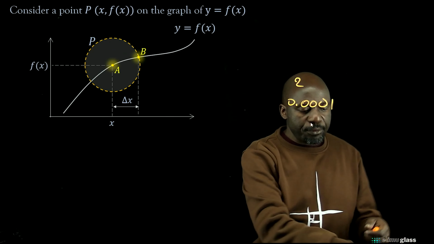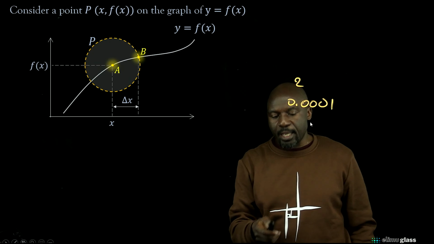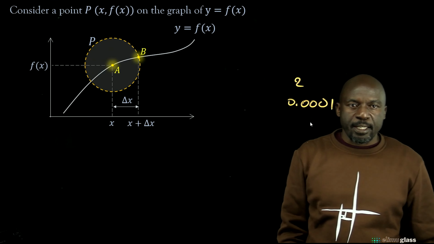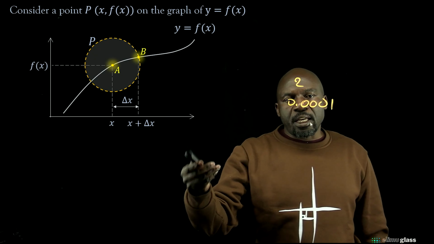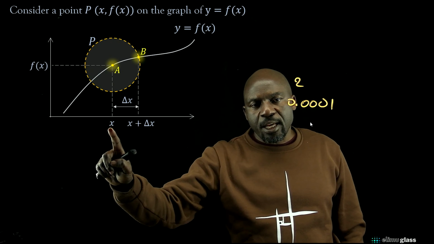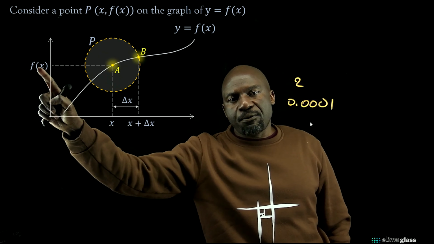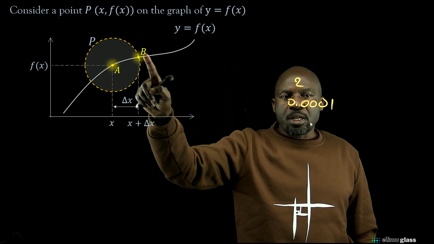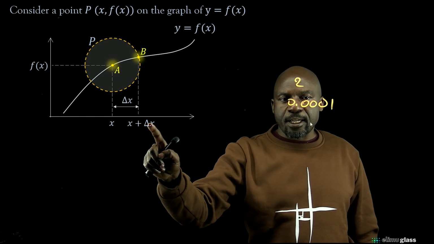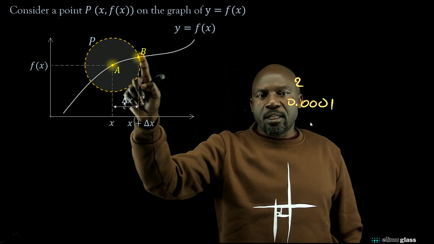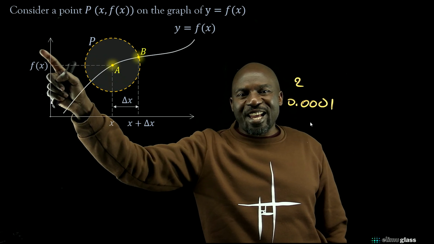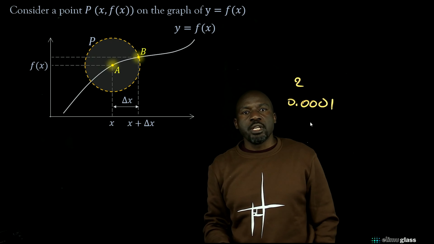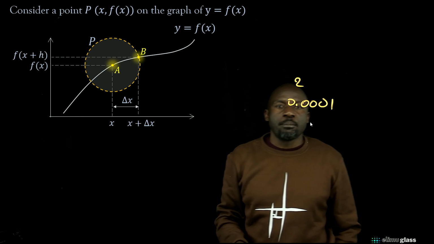So the x coordinate of point B is x plus delta x. If this is x, then the y value is f of this x. So if point B has x coordinate x plus delta x, then the y coordinate is going to be f of x plus delta x. In other words, y2 is going to be f of x plus delta x.